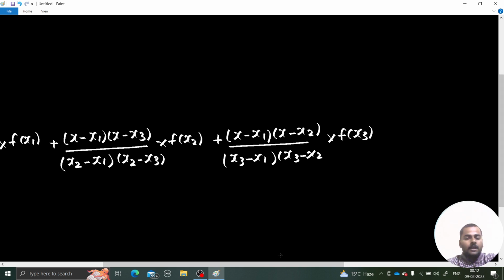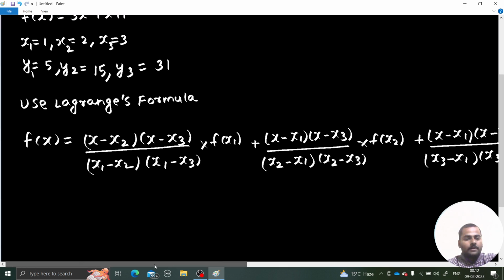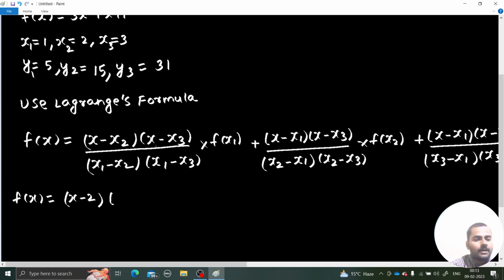Now coming back to our problem, x is a variable here, so the first term is x minus x2, that is x minus 2, then x minus x3, which is x minus 3, divided by x1 minus x2.